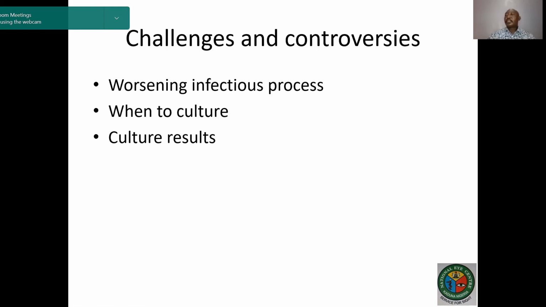There are lots of challenges that keep coming on, particularly as the ulcer either improves marginally or worsens. The question of culture, microscopy, and other ancillary investigations becomes very pertinent. And that is where we are going to the core of the matter of the lecture today, diagnosing infective corneal ulcers.